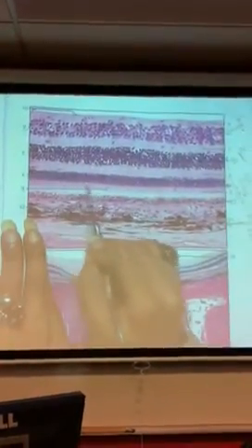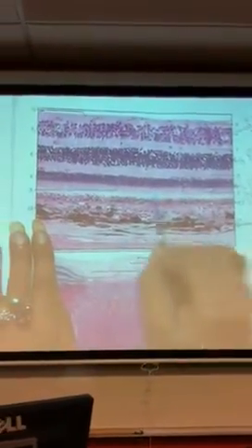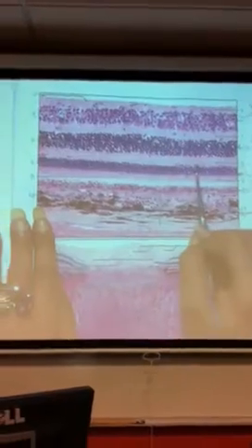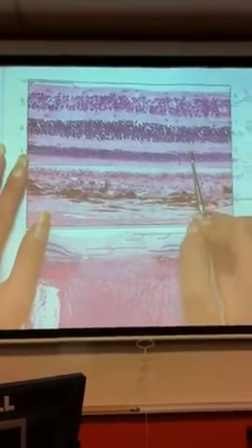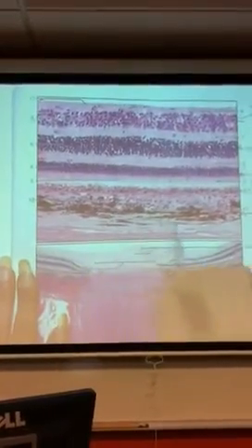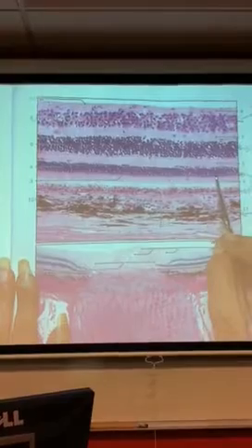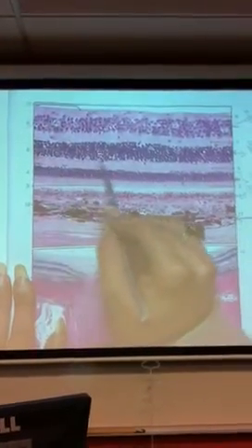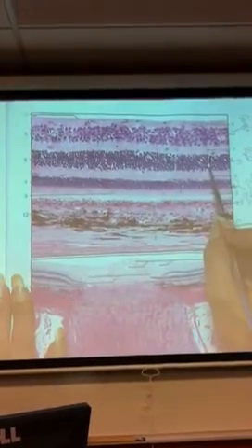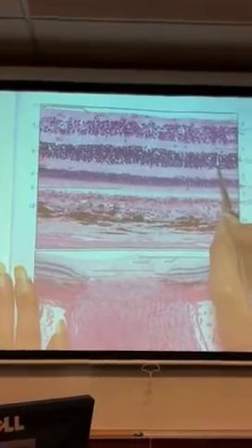The second layer, which is these guys here, those are the photoreceptors, which is the same thing as your rods and cones. Okay? So we have pigmented epithelium, photoreceptor layer. After the photoreceptor layer, who comes after? The bipolar cell layer, right?